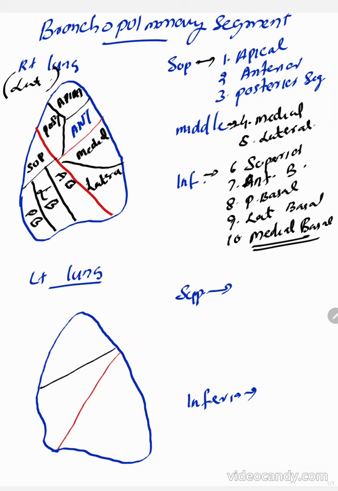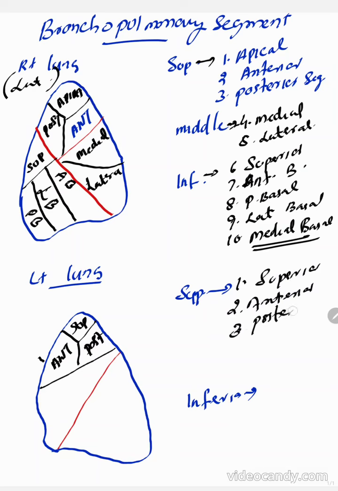So here is the superior. This is the anterior border. Here comes the anterior, here is the posterior. Let us write here. The first one is superior, second one is anterior, third one is posterior. And see, some portion is remaining, so we can divide it like this. 2 segments are there.